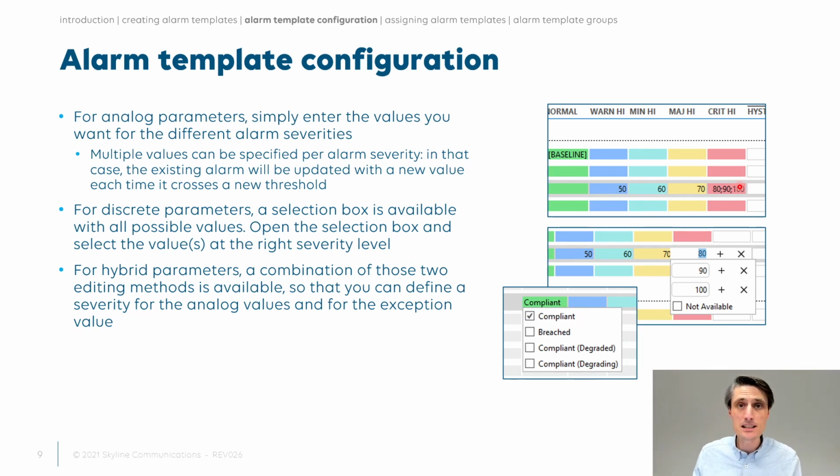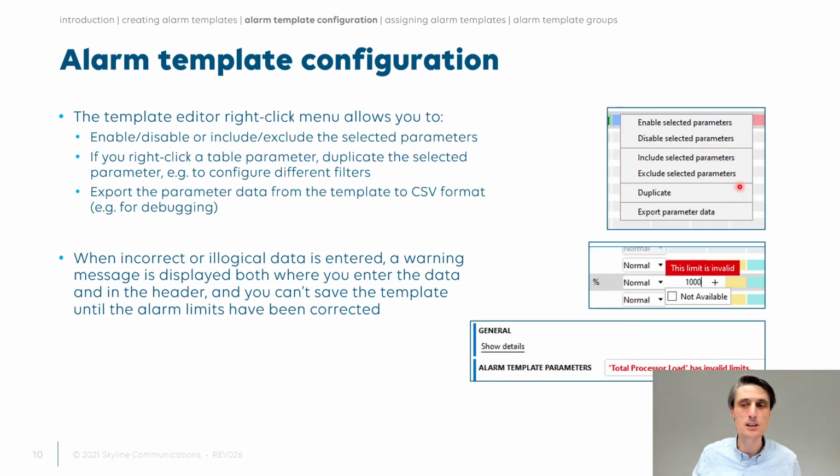Okay, so that was the basic alarm template. You activate the checkboxes on the parameters you want monitoring, you specify the thresholds, and that's how simple it is. Now in the right-click menu, you will be able to do some bulk enabling. So you can just select a bunch of parameters and enable all of them for monitoring or disable them.